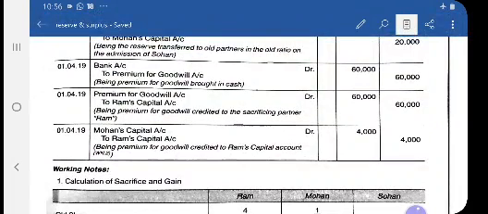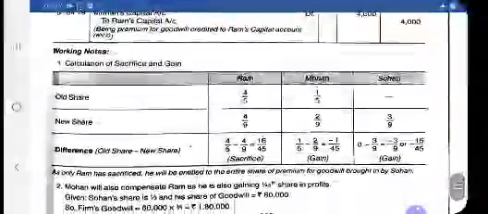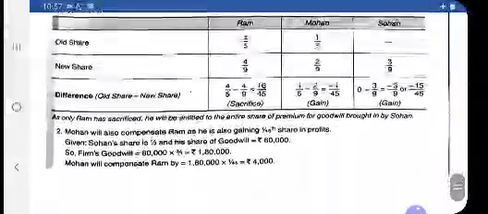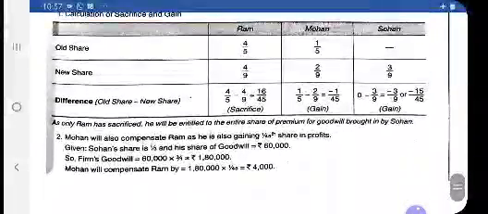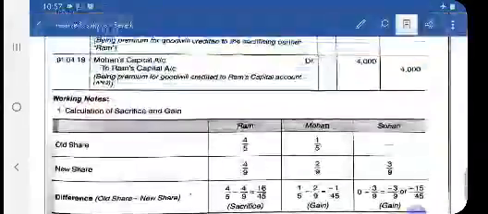So this type of case you can also see while calculating the sacrificing ratio. If any one of the partners is a gaining partner, then he also has to compensate the sacrificing partner as per the proportion that comes. For this you have to work out the value of goodwill of the firm on the basis of the new partner's share of goodwill, and then you have to show this entry.